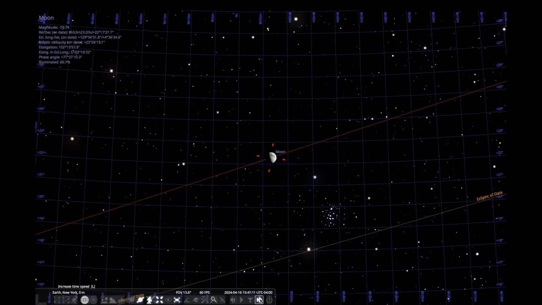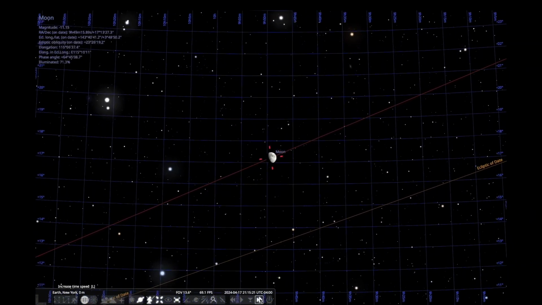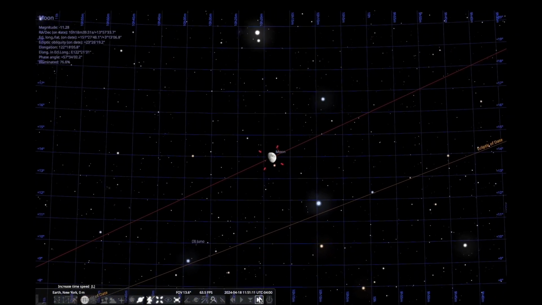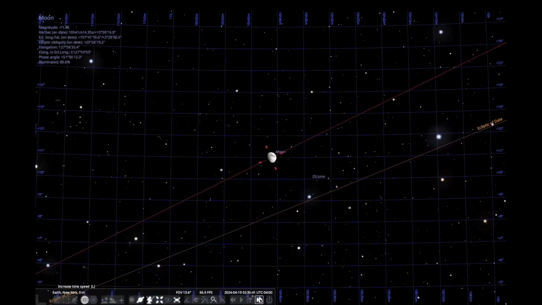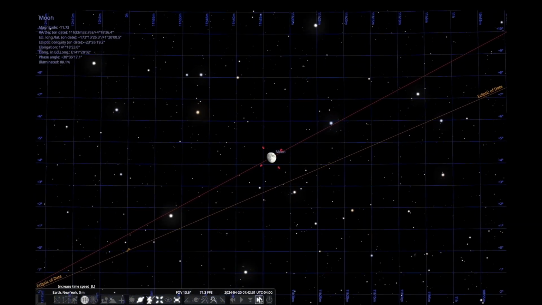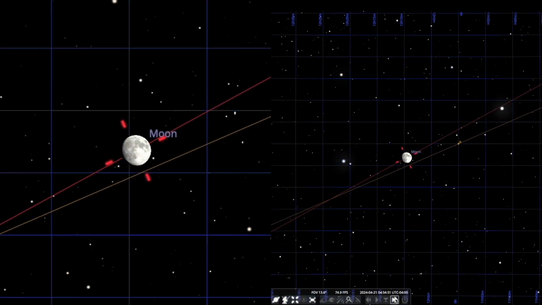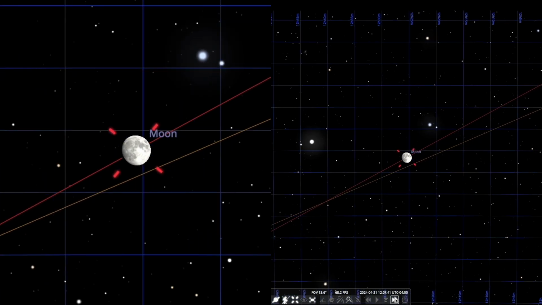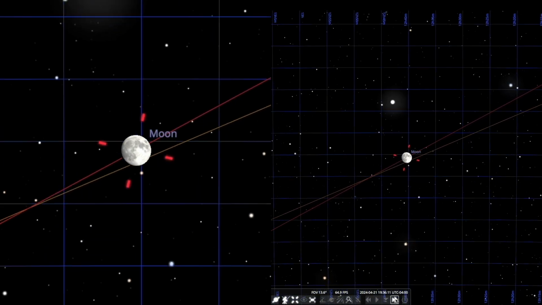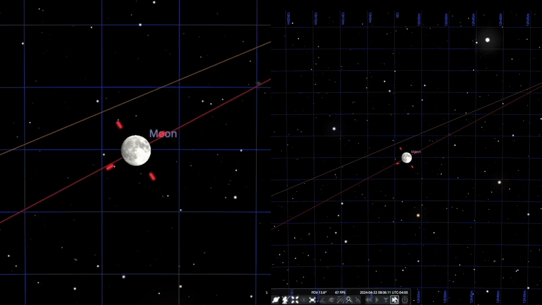We also see a funny thing, because Stellarium, which I'm using here to do this simulation, is making it look like that orbit is wobbling. But really what's happening is that Stellarium is measuring the position in the sky of the moon from the Earth's surface, not from some location that is representative of, say, the center of the Earth.